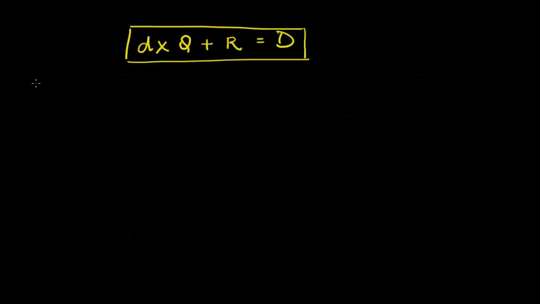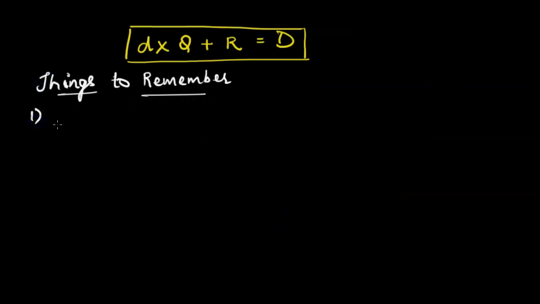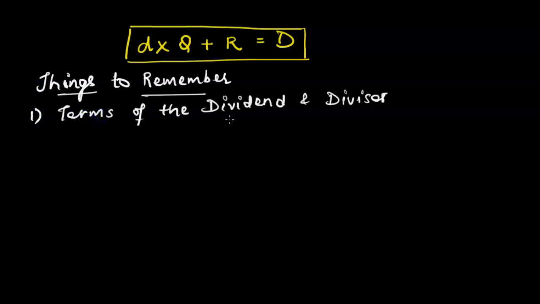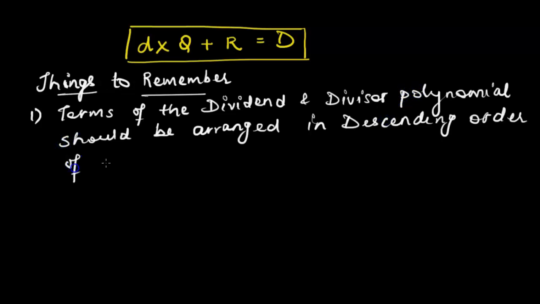Now before dividing, we need to remember two important things. The first is that the terms of the polynomials, for both the dividend polynomial as well as the divisor polynomial, should be arranged in descending order of degree.